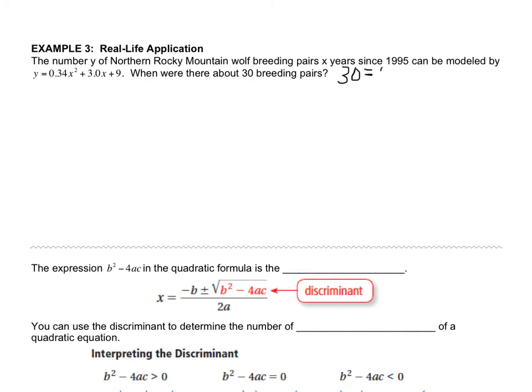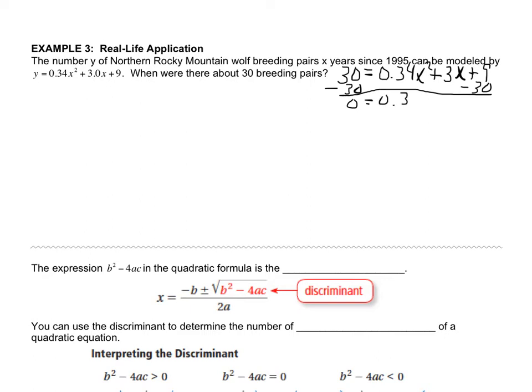So what we have to do very first is rewrite our formula here to solve it for 30, which simply means put the 30 in the equation, subtract the 30 from both sides to create our 0. That is an ugly line there.